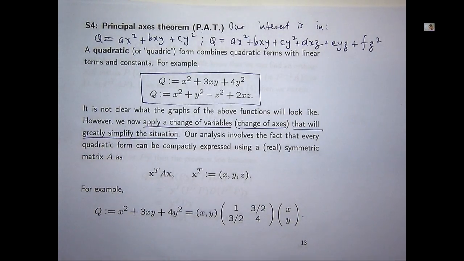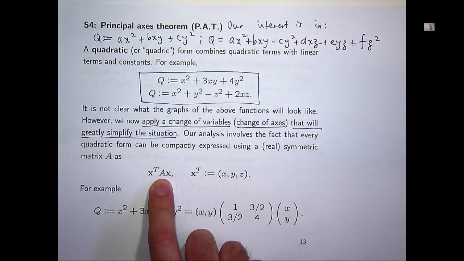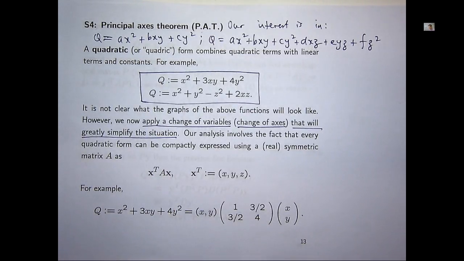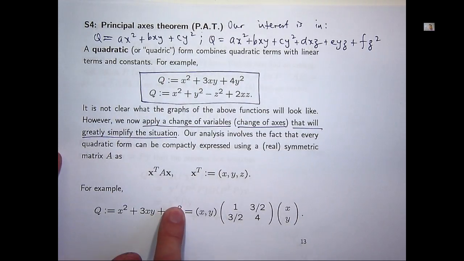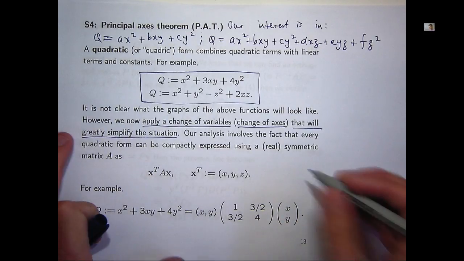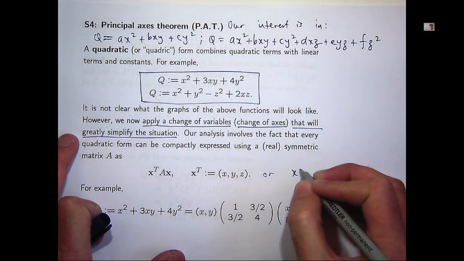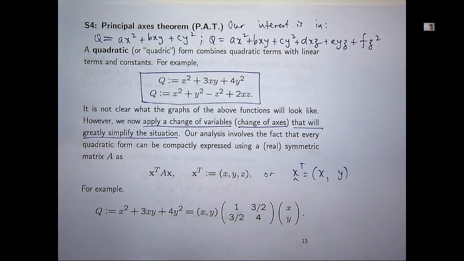Now, the basic idea is that these quadratic forms of interest can be written using a symmetric matrix A. So for example, if we use this Q up here, I can write this as some vector transposed times a symmetric matrix times a vector. In this context you've only got 2 variables here.